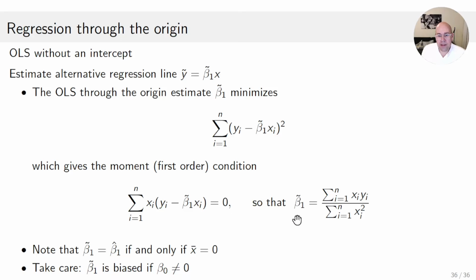So what we're going to get is that beta 1 tilde hat, which is now our estimate, is given by, again, the covariance between x and y divided by the variance of x, but it's basically here now xi yi summed over n divided by xi squared summed over n.